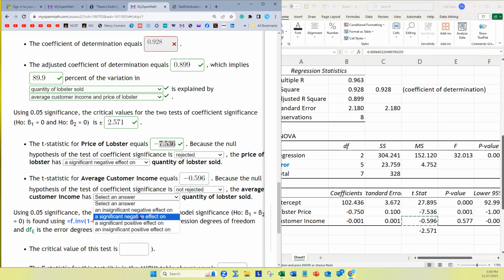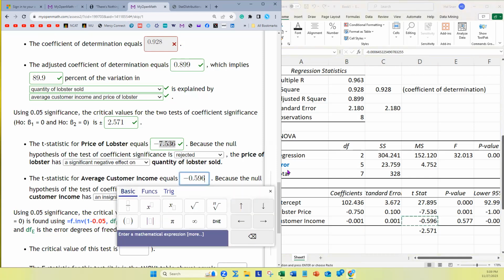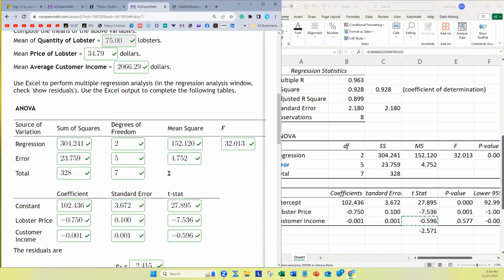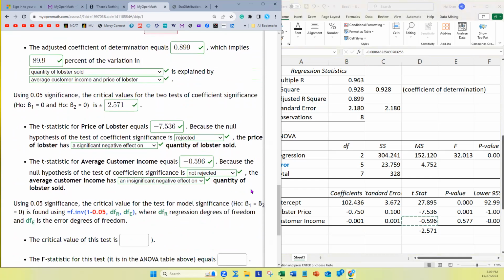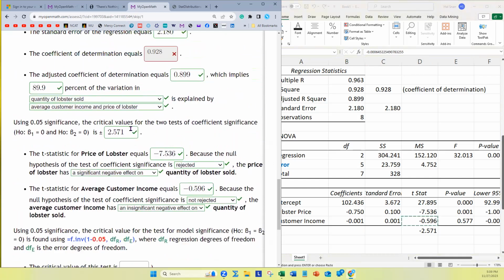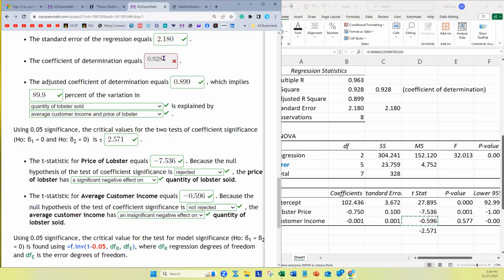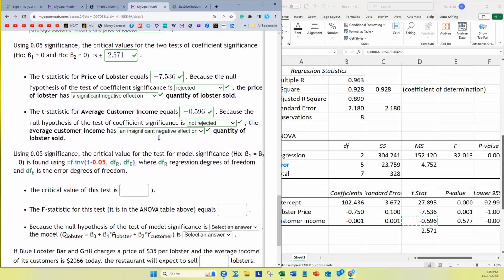But in addition to being negative, mine's going to be insignificant. Okay, so we got everything good. With the exception of my hiccup right here, this is actually correct, right? With the exception of that, everything looks good, right?